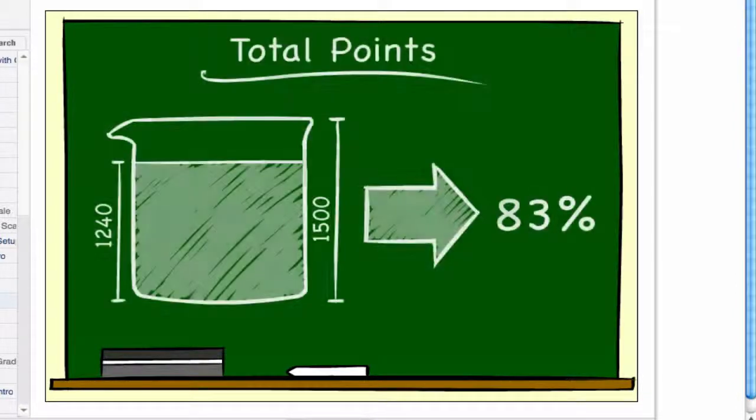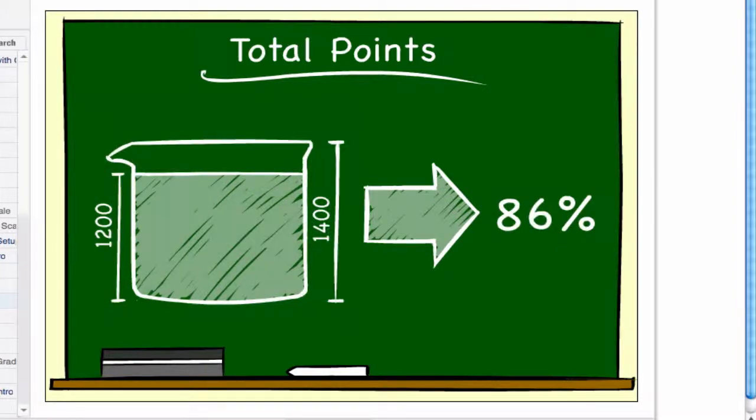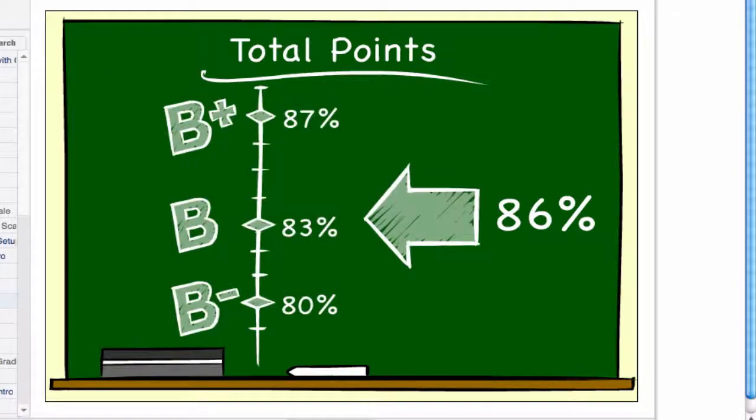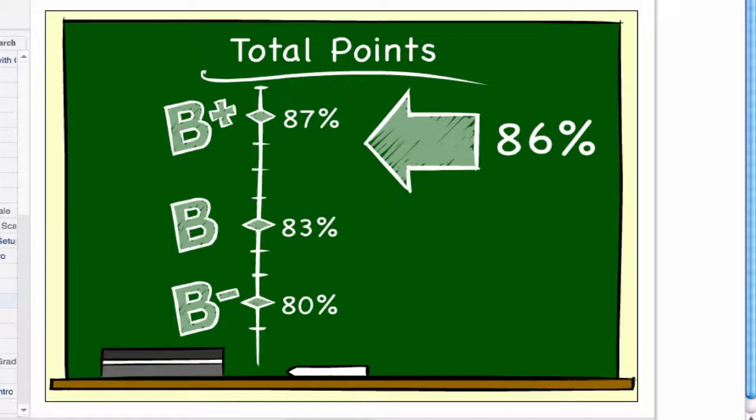So in our example, the number of points put into the final grade mixer for this student is reduced to 1,200, and the number of total points possible for that student is also reduced to 1,400. When final grades are calculated this time, the student gets an 86%. Not quite high enough for a B+, assuming the cutoff percentage is set at 87%.